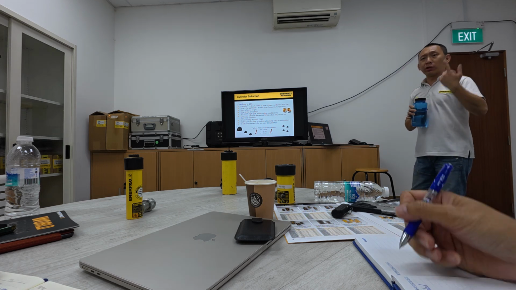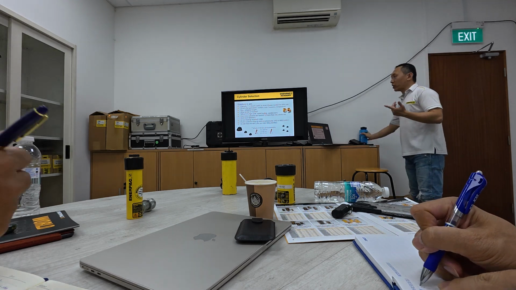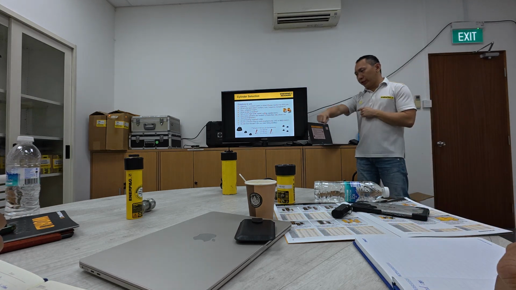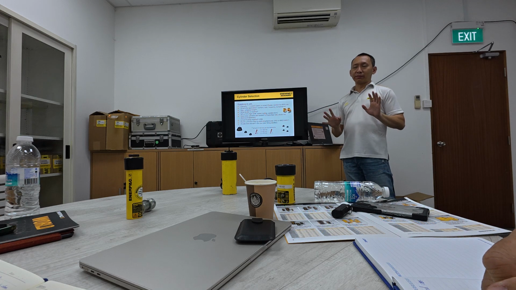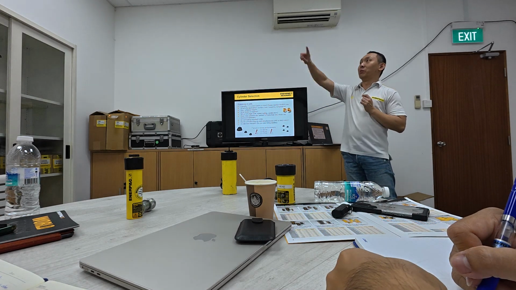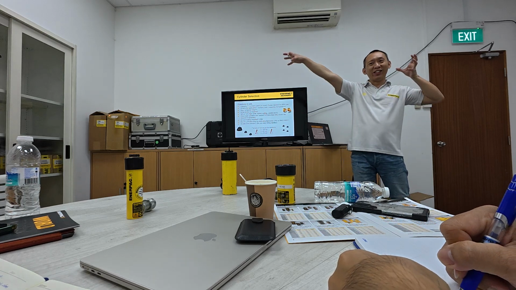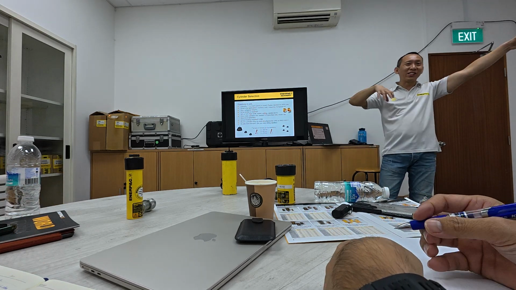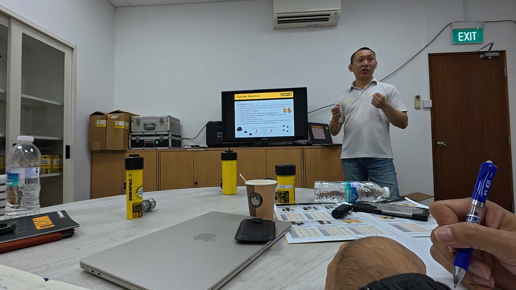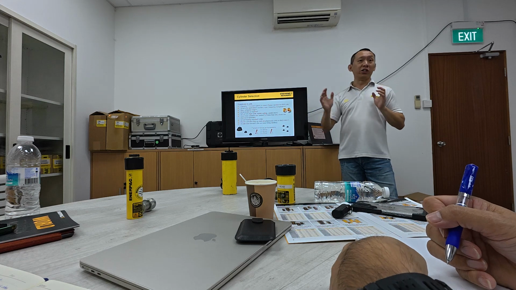And then if it's more than one cylinder, the next question is how far apart. If it's very near, no problem, the hose can be small because the hose is very short. But what if the application is 100 meters away? For every 100 meters, one cylinder, and then the hose is very long, and you need a lot of oil. You have to cater a lot more oil in the pump.